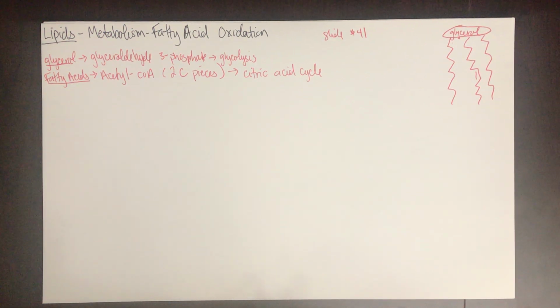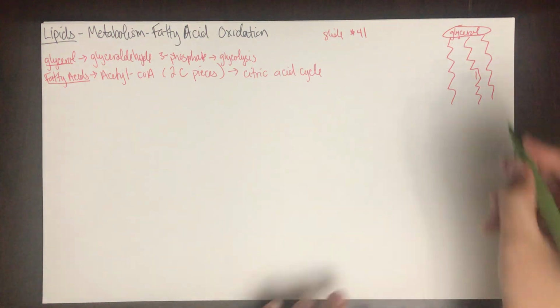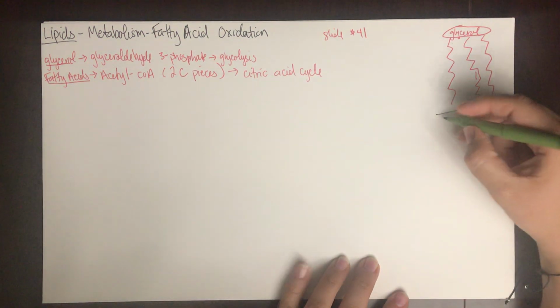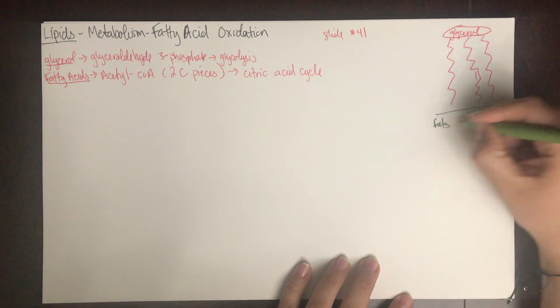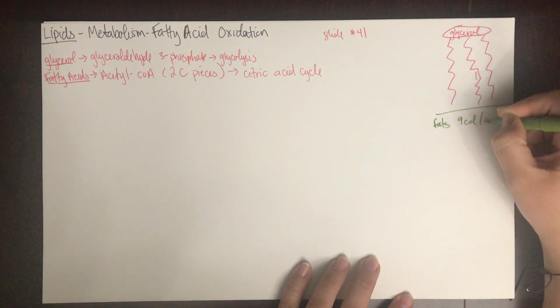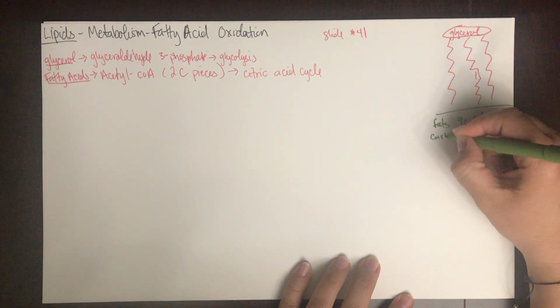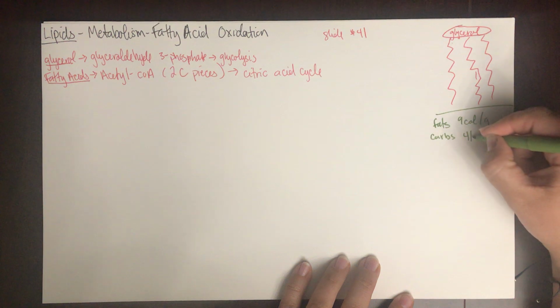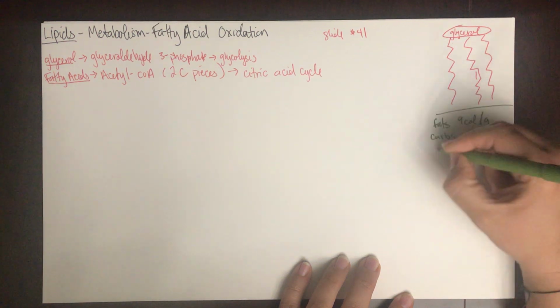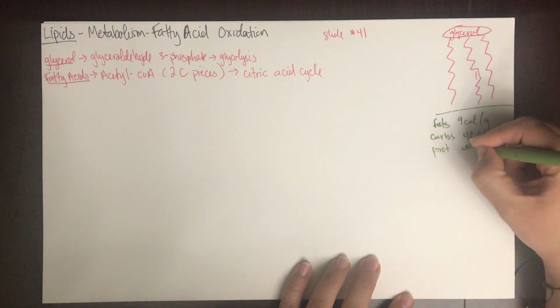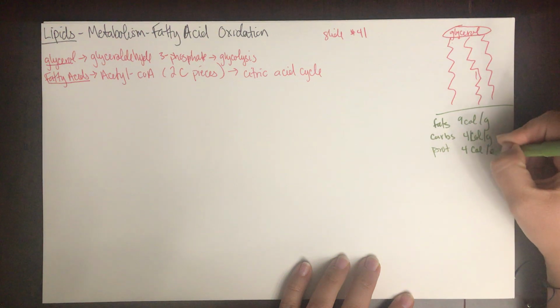Fatty acids can carry the most energy per carbon because they're the most reduced. And they are anhydrous because they're nonpolar. Anhydrous means without water. So they have more energy per gram. This is not a nutrition class, but if it were, we would learn that fats have about 9 calories per gram, carbs have about 4 calories per gram, and proteins also have about 4 calories per gram.